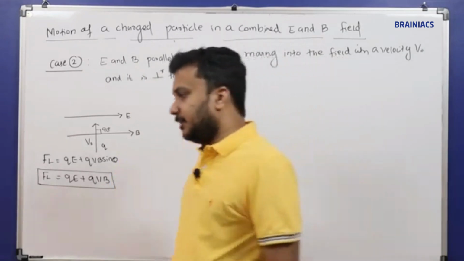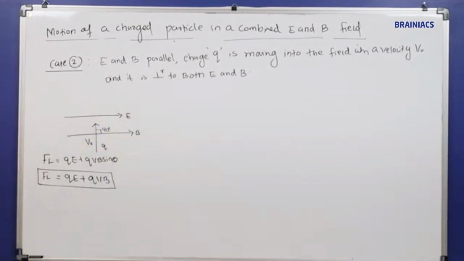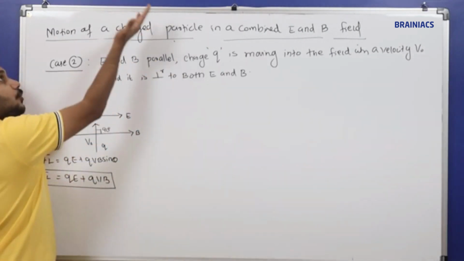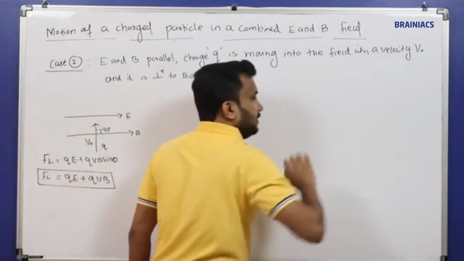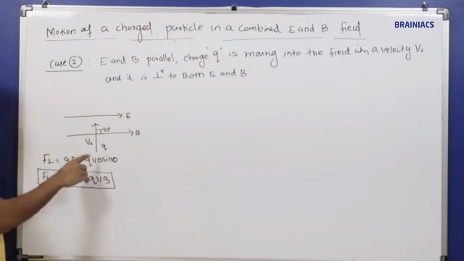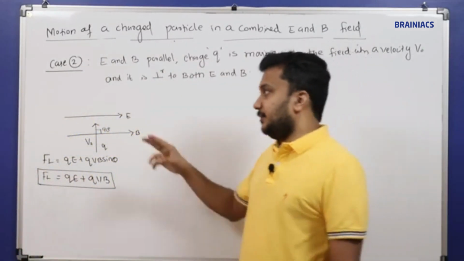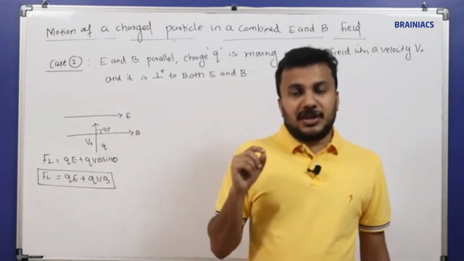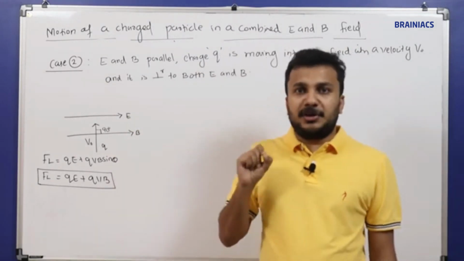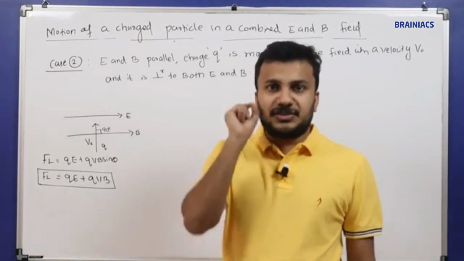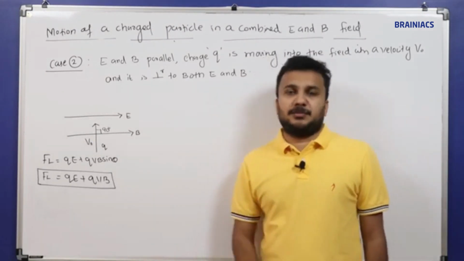Now here we have to be a little bit alert. What kind of motion will this give rise to? See, a charge which is coming from here and going upward, and the electrical force is in this direction. If you forget about the electric field, when a charged particle enters a perpendicular magnetic field, what type of motion will it experience? Circular motion.